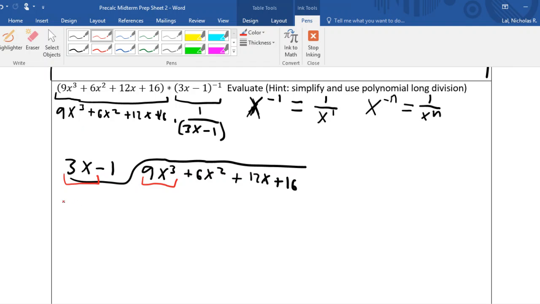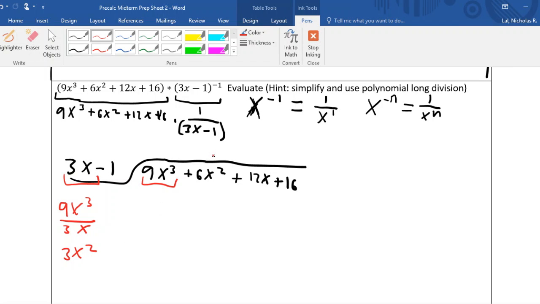So I actually do 9x cubed divided by 3x. What's 9x cubed divided by 3x? 3x squared. And now I know what the first term of my quotient is.